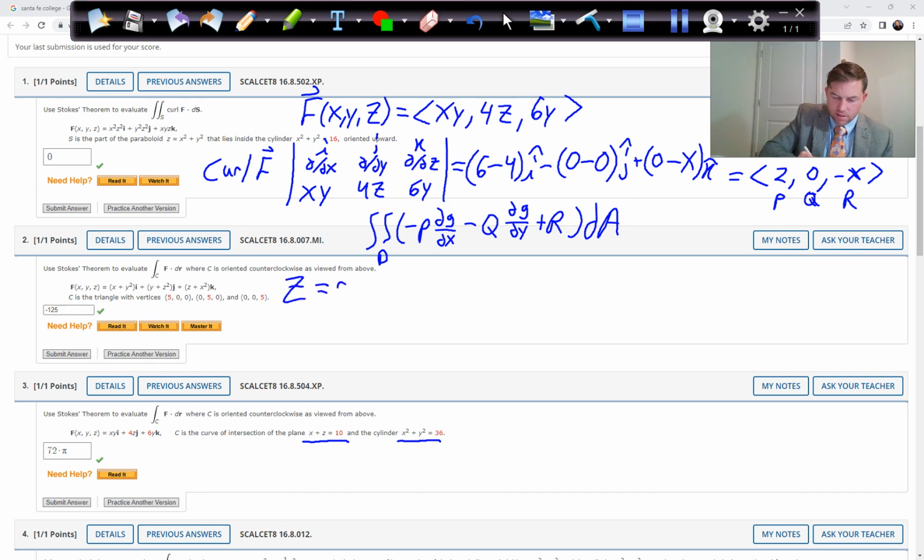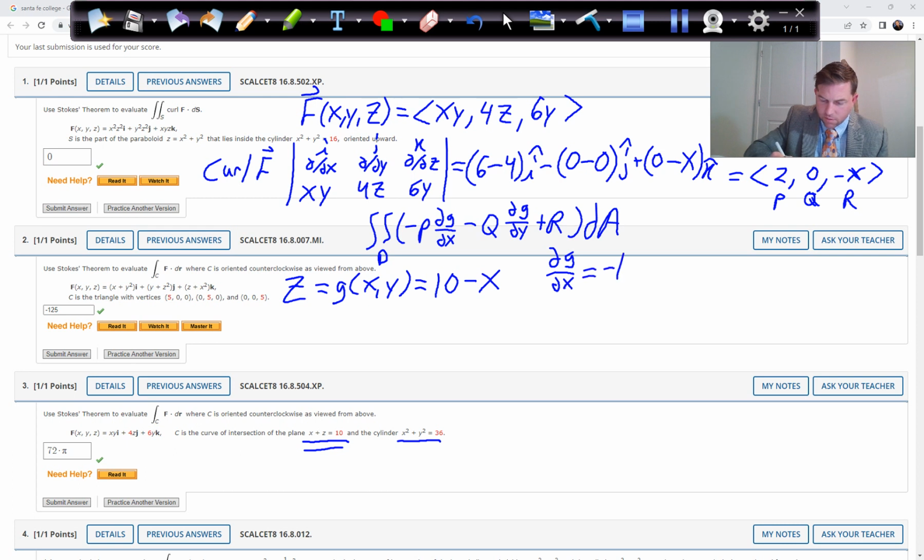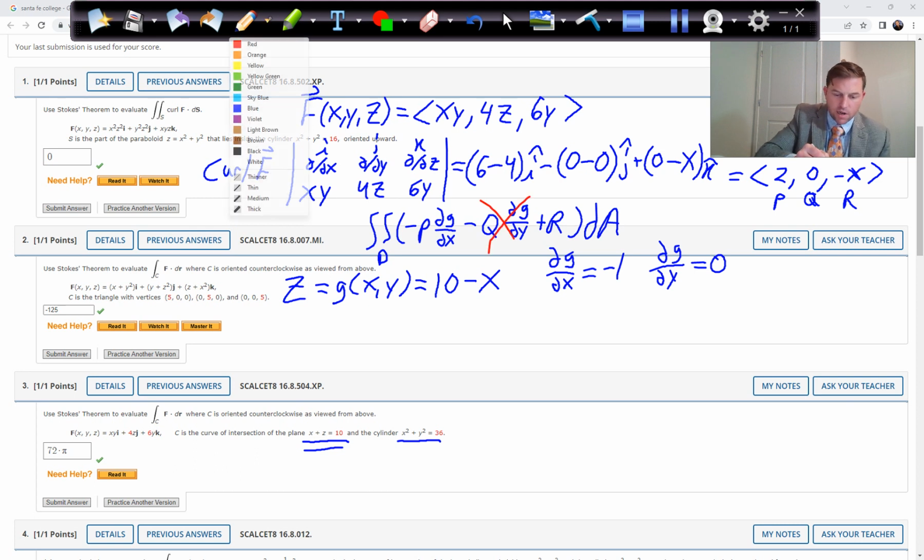z is g of x, y, which is 10 minus x when I rearrange this equation here. And so we're going to get dg/dx equals minus 1 and dg/dy equals 0, which means that whole middle term in my equation is going to go away, so I don't need to write it.